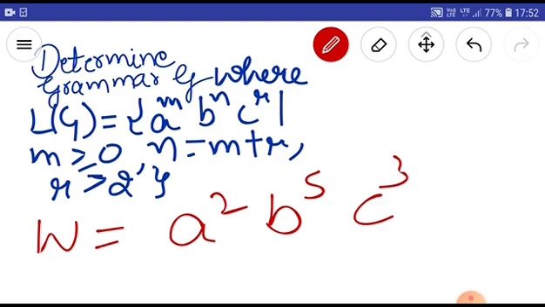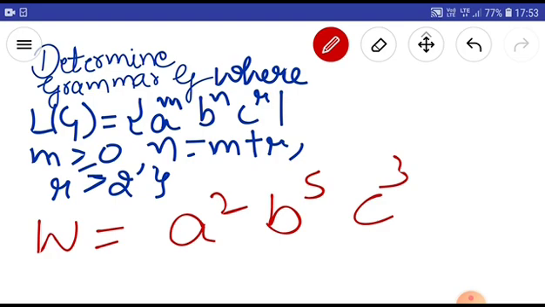In place of C raised to power R, I am taking C raised to power 3. R value should always be greater than 2, and here I am taking R value as 3. So this one is also acceptable. And what about B raised to power N? N value should be the sum of M and R, so I am taking 2 plus 3 is 5. So B raised to power 5 I am taking here. So this type of string is acceptable by this grammar.